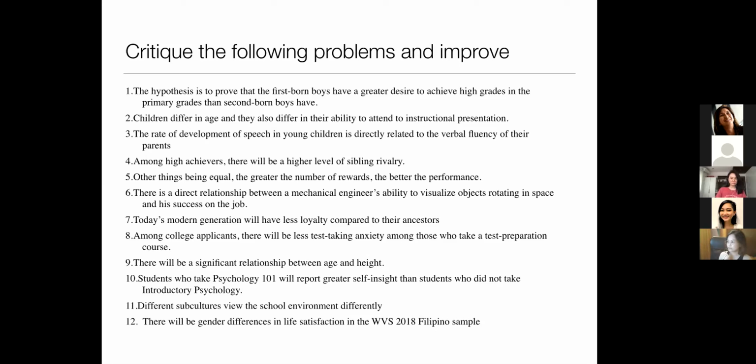And then for 9, present tense as well, there is a relationship between age and height. Right. And you took out significant. Yes. All right. Perfect. But can you predict, you think at this point, you can predict the nature of relationship?